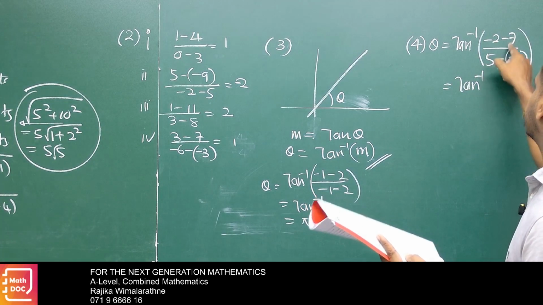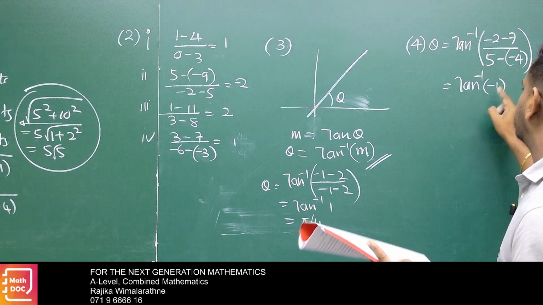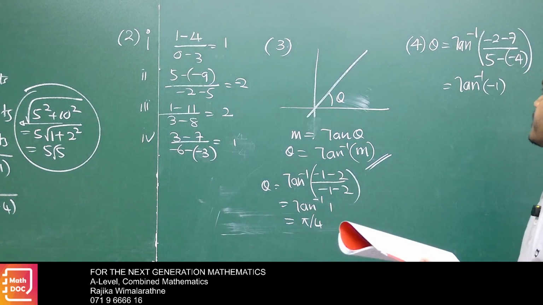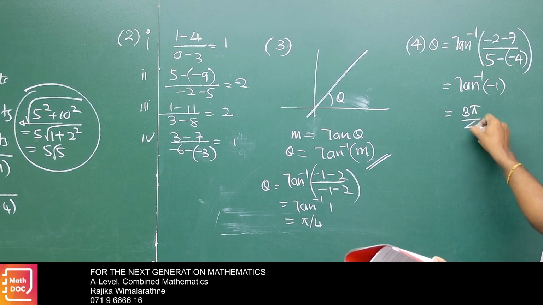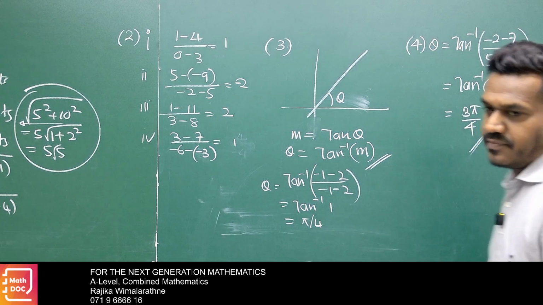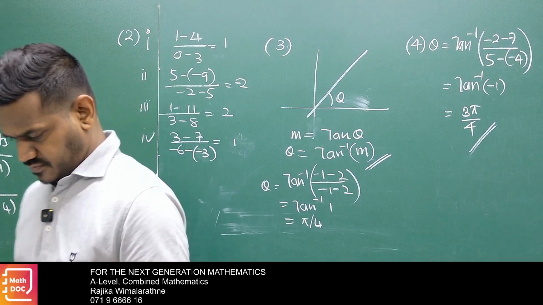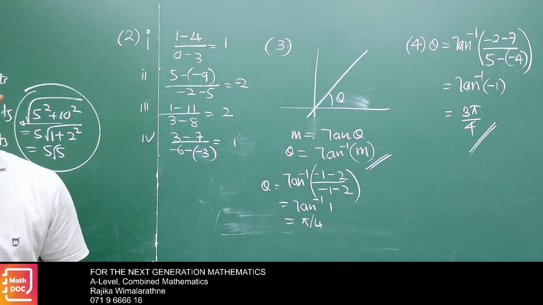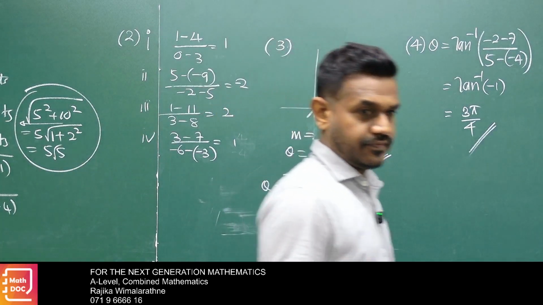Then tan inverse of 9 over minus 9, that is minus 1. Then here 135 degrees, 3 pi divided by 4.